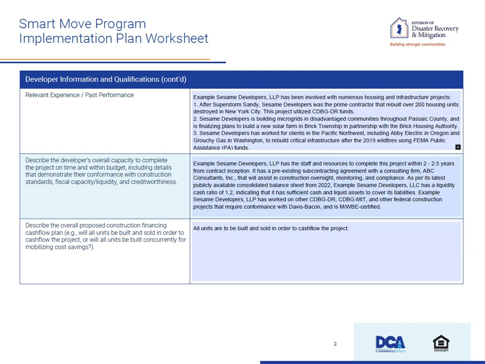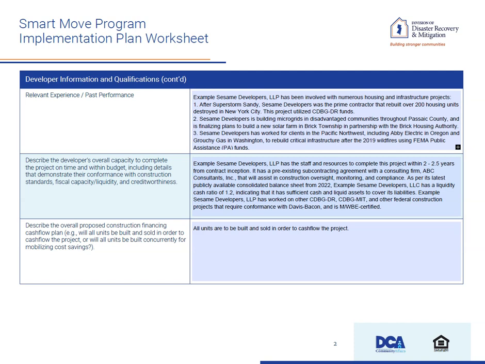First, include details of any relevant past performance or projects of similar scope and size, as well as any experience implementing projects utilizing CDBG-DR or other federal funding. Your developer may have worked with FEMA PA or CDBG-MIT funds. If so, include that information.